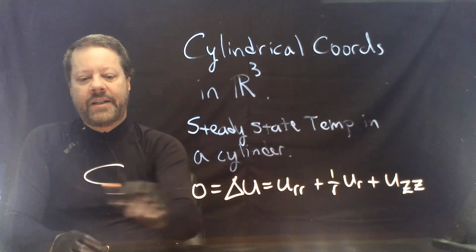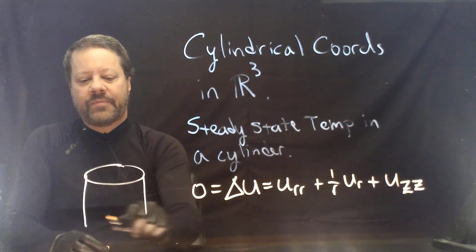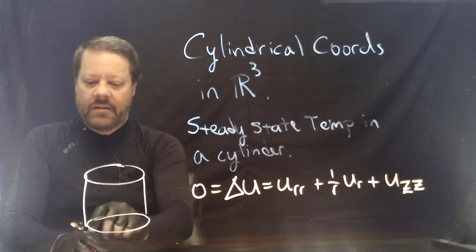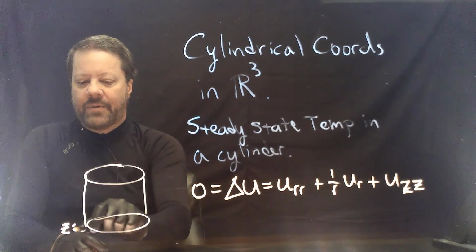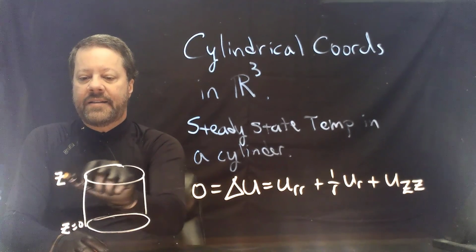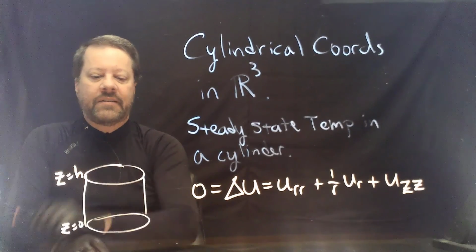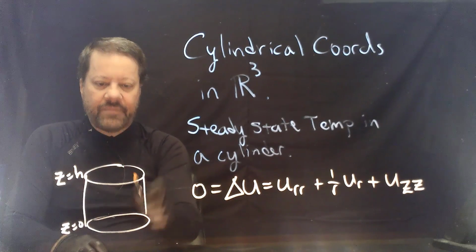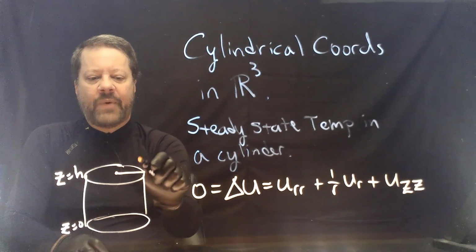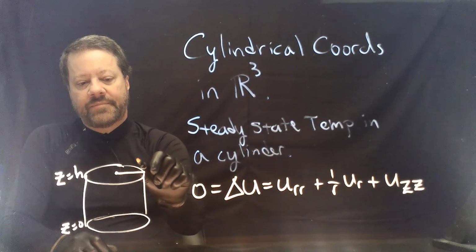The boundary conditions that we are going to impose: let's suppose we have z equals 0 here and z equals h for the height of the cylinder. This cylinder will have a radius a.